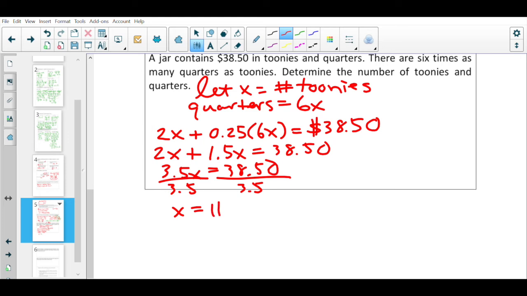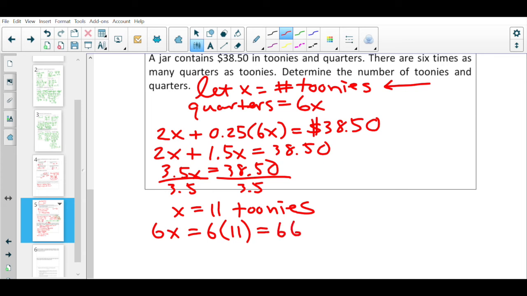x equals 11, so we said x is the number of toonies. So 11 toonies. And we said there's 6x quarters. That's 66 quarters.